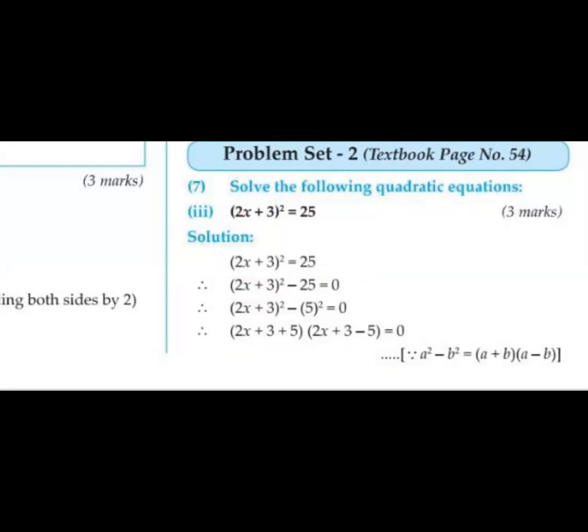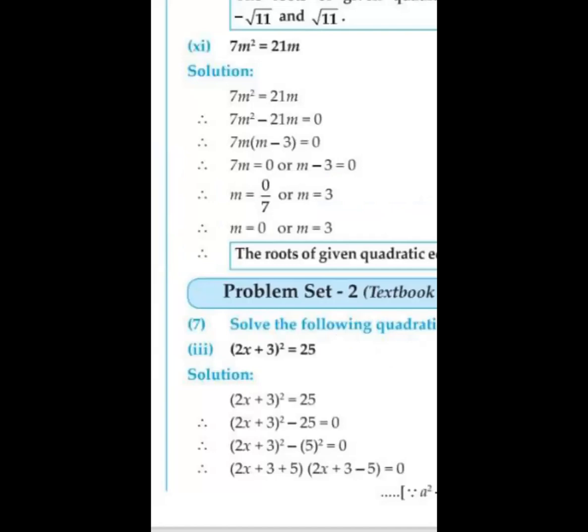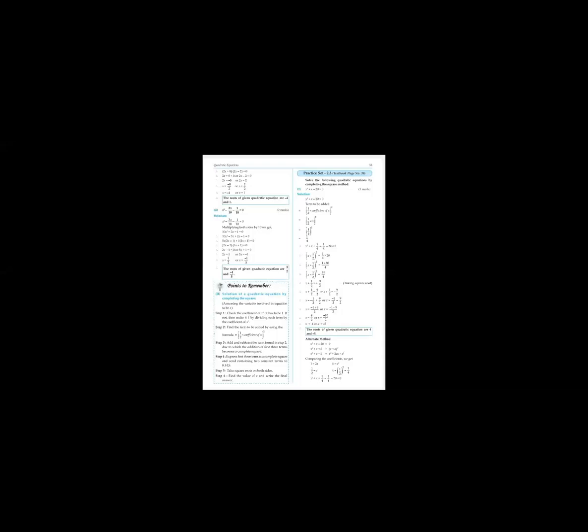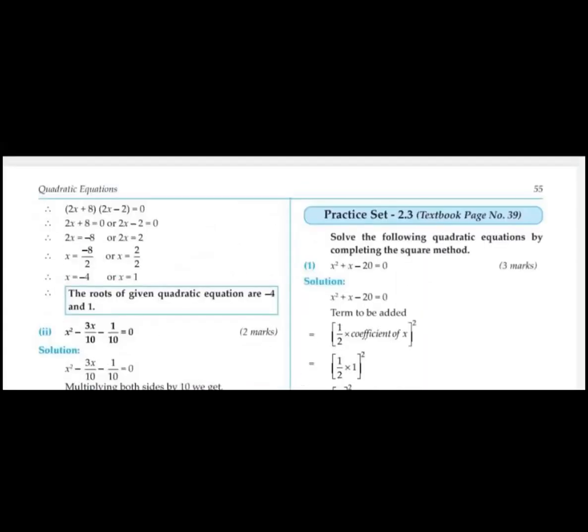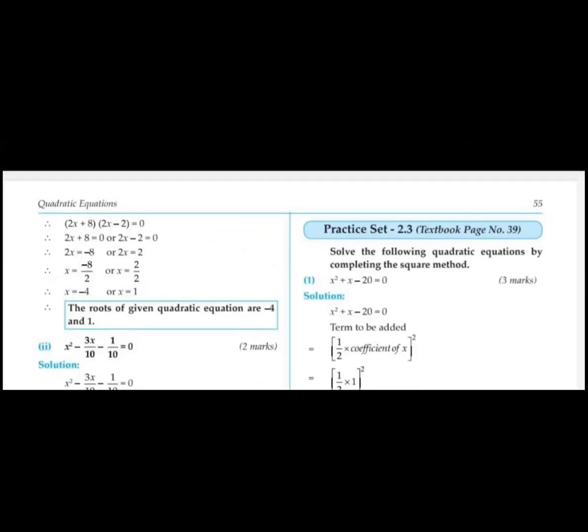I'll share the next page. 5 plus 3 is 8.